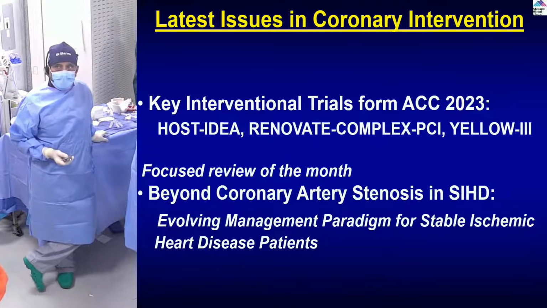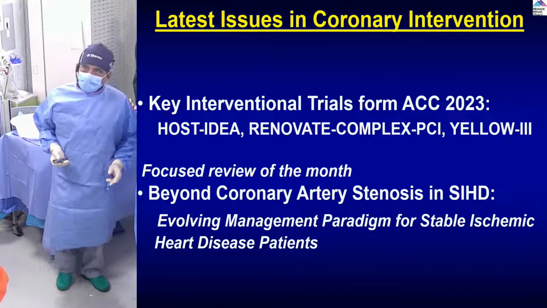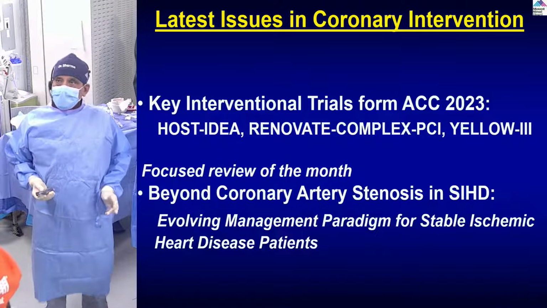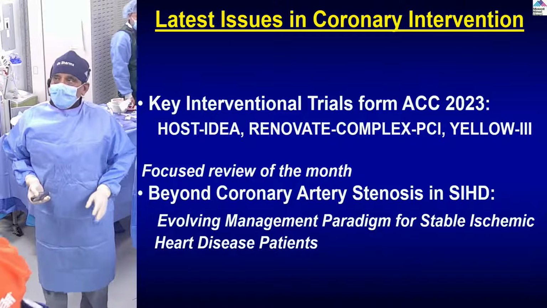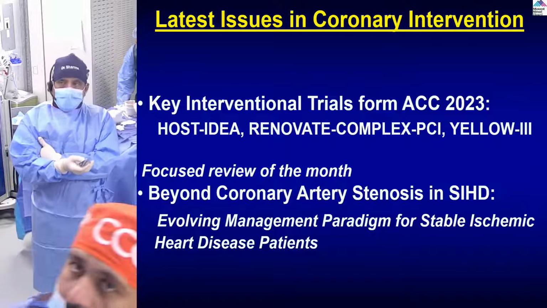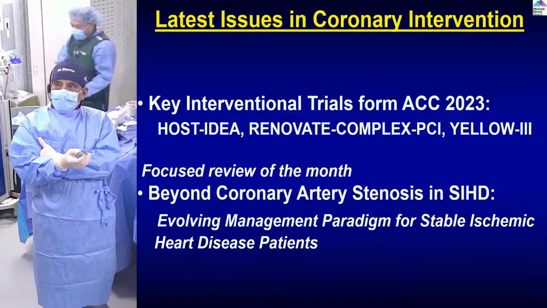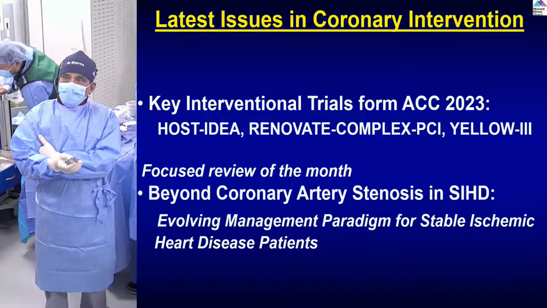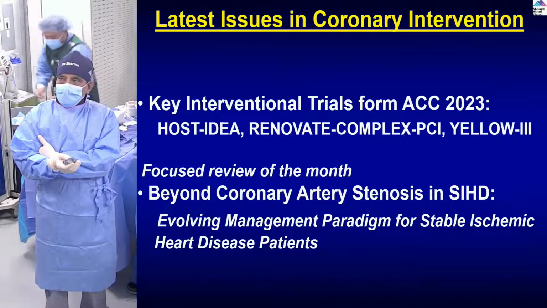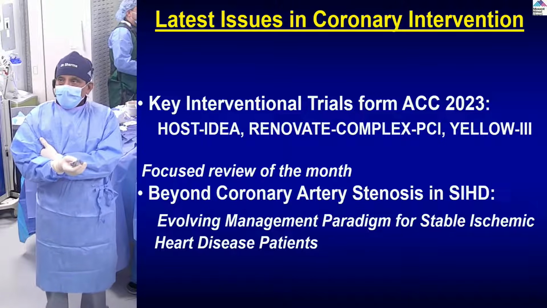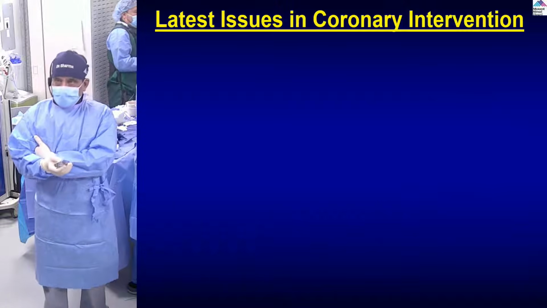One, the key three interventional trials from ACC: HOST-IDEA and RENOVATE-COMPLEX-PCI, both done from Korea, and YELLOW 3 from Mount Sinai. These are all late-breaking trials, and having a late-breaking trial from a single center was remarkable with YELLOW 3. Then the focus review of the month is Beyond Coronary Artery Stenosis and Stable Ischemic Heart Disease, the evolving management paradigm for stable ischemic heart disease patients.